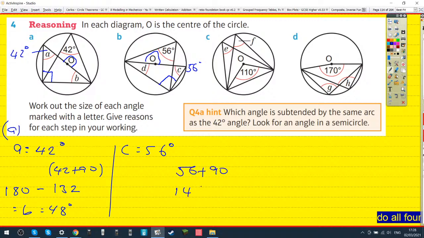Okay. And then 180 minus 146, which is 34 degrees. That's it. Okay. E and F.